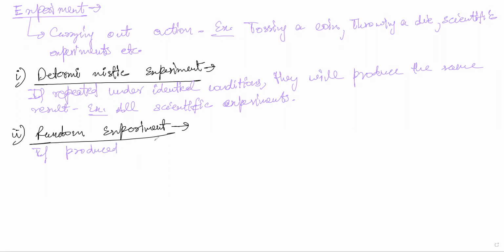So if repeated under identical conditions, अगर आप इस एक्सपेरिमेंट को रिपीट करोगे under identical conditions, they will produce different results. एक बार हेड आएगा तो एक बार टेल भी आएगा.